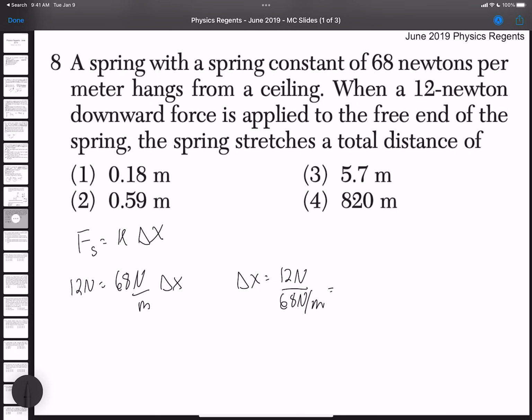Again, I can do a little bit of process of elimination here, right? It's not going to be answer choice 4 or 3. I'm looking for something less than 1. And again, I can now go over to my calculator and do 12 divided by 68, and I'm going to get 0.1764 continued, which they're rounding to 0.18.